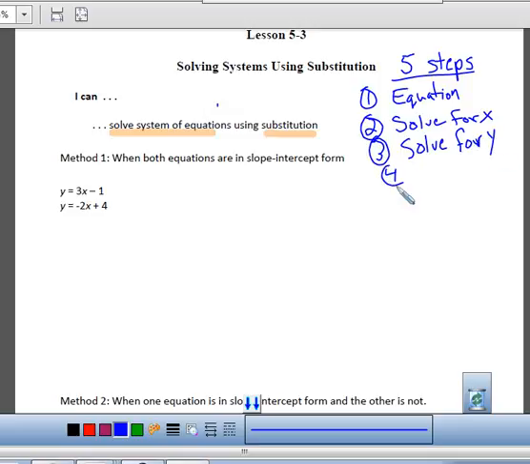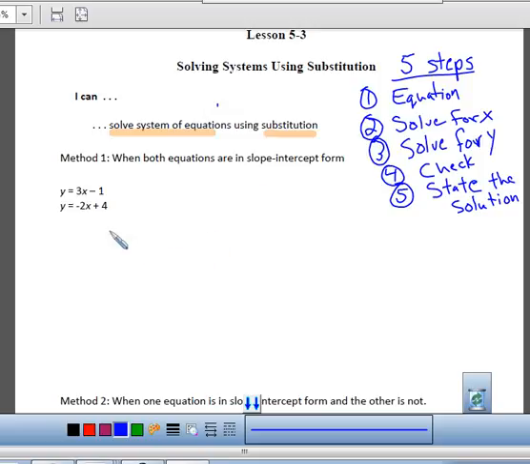Fourth step is the check. And the last step, and this is very important, it's very important for you to always state the solution. Don't make the solution hard to find. Write down the word solution and then put what it is right after.